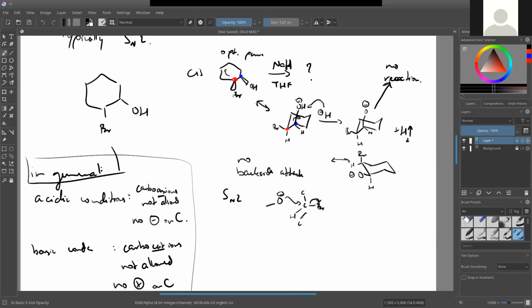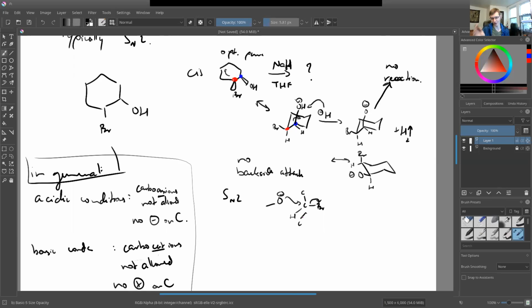But that's just for this case, because for elimination, you would want trans usually because of the anti-periplanar arrangement.